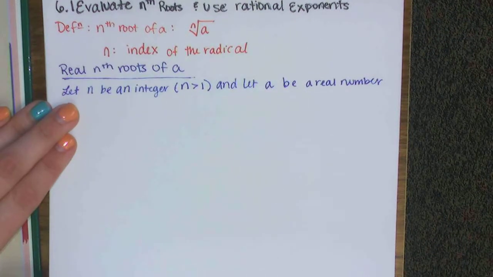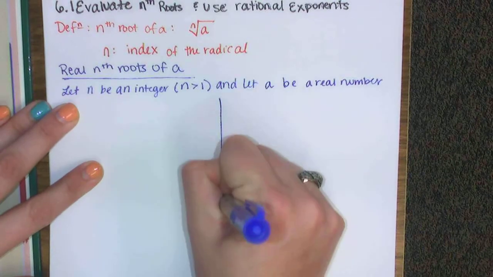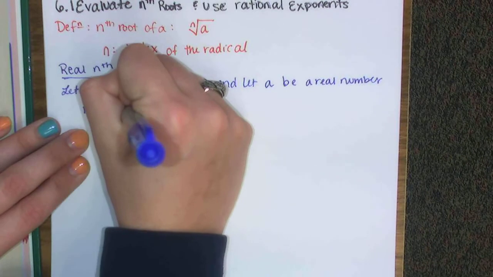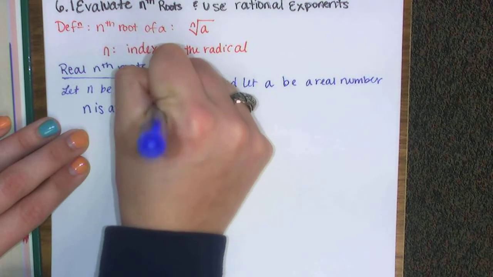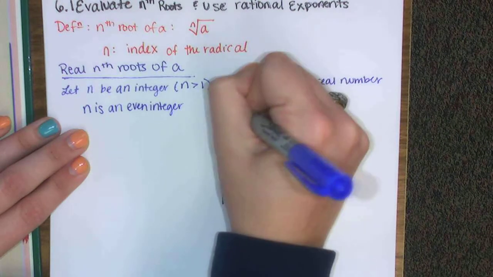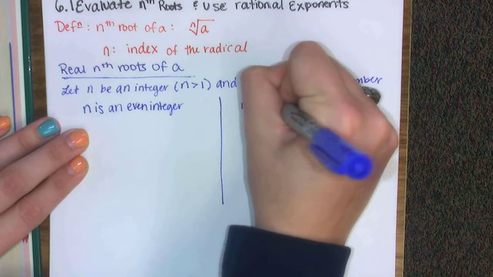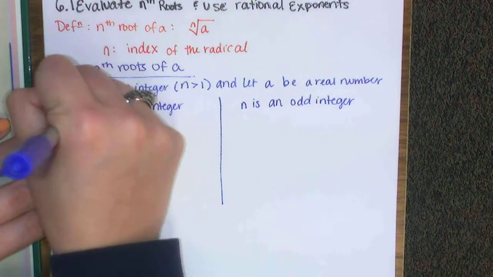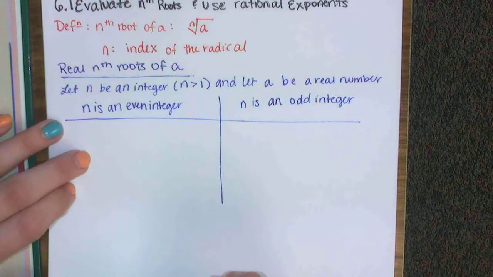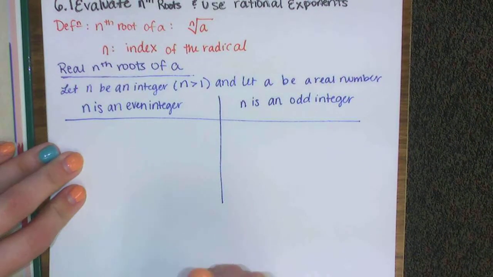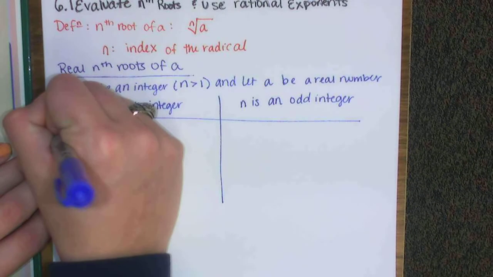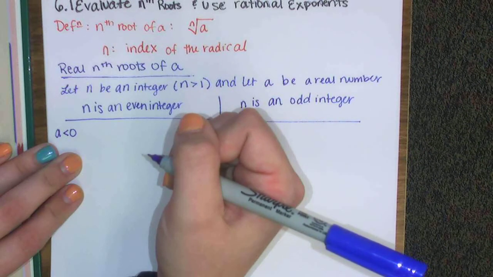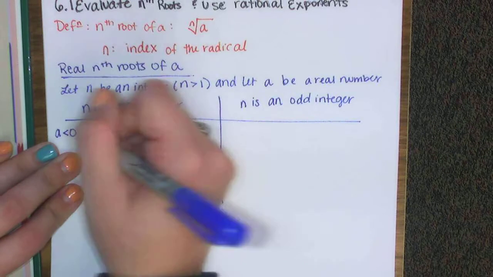then we have two columns here that we'll make. The first option is n is an even integer. Your other option is n is an odd integer. Within these we have three options for each one. For the left column, we'll work our way down. For A less than 0, so if A is negative, there are no real nth roots.